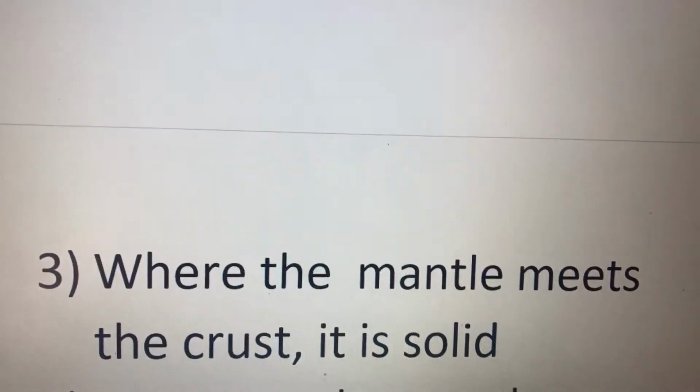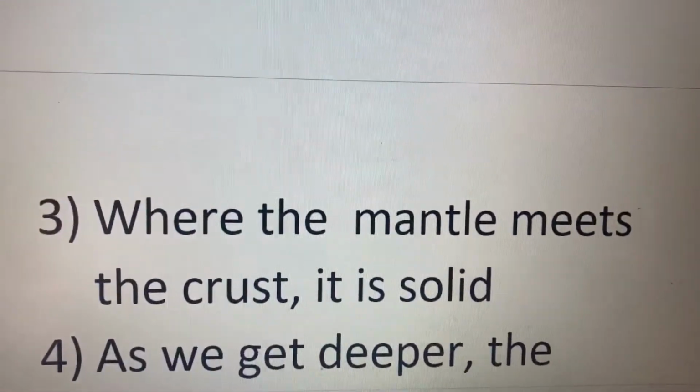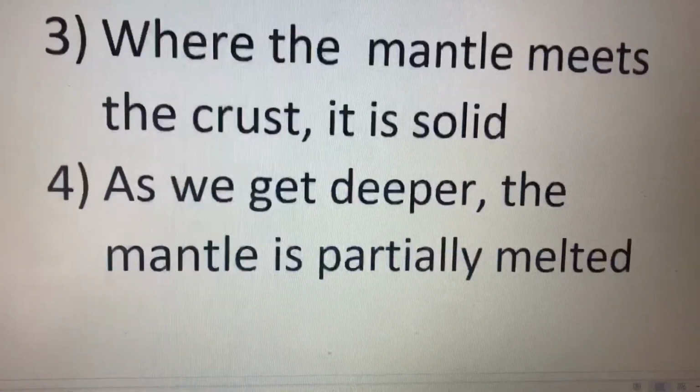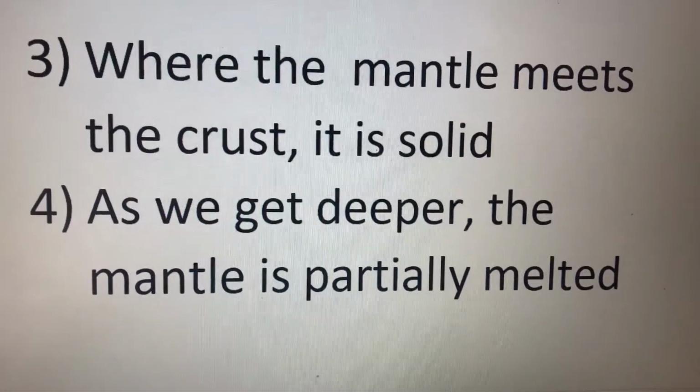What else? Oh, where the mantle meets the crust, it is solid. And as we get deeper, the mantle is partially melted. So what did that mean, partially? Part. So is it a complete liquid? No. We discussed that it was kind of like a very thick substance, so it's not totally melted. It's super hot, and the rocks are not hard like we see them.